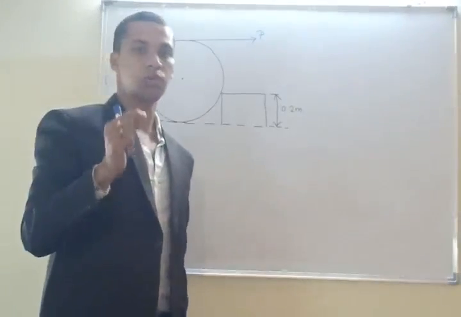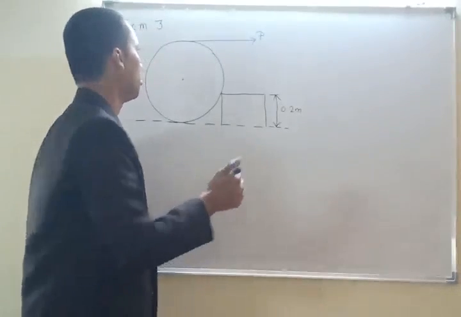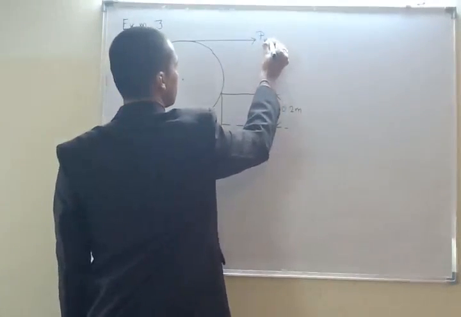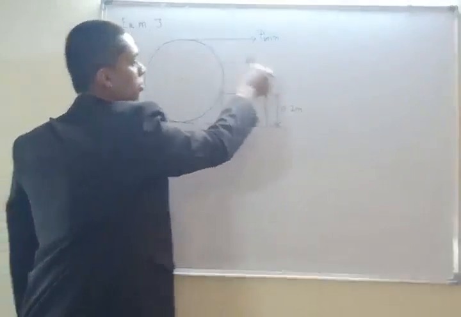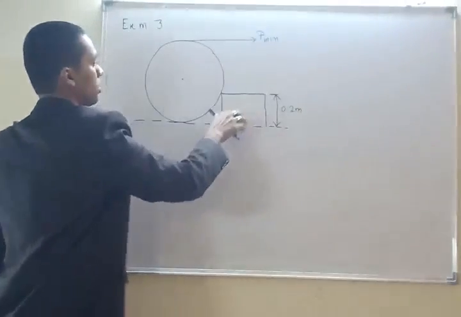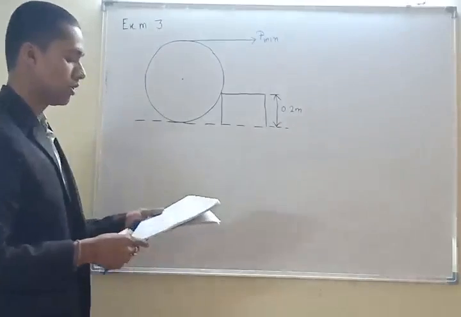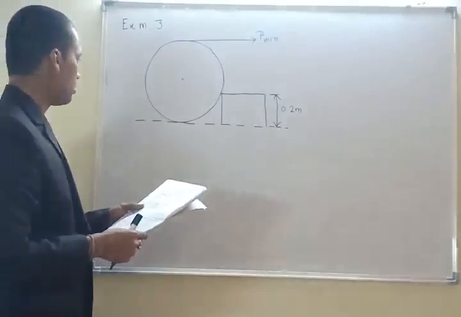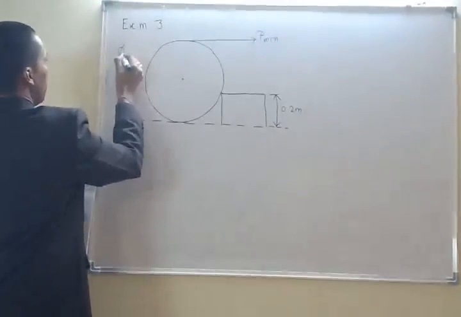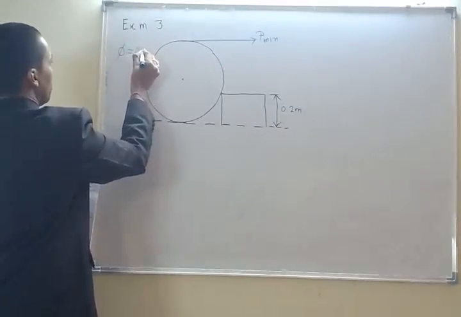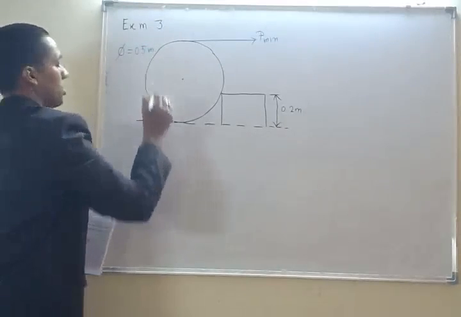That means P minimum, which will cause the wheel to move over this block. And he has given the diameter of the wheel as 0.5 meter.